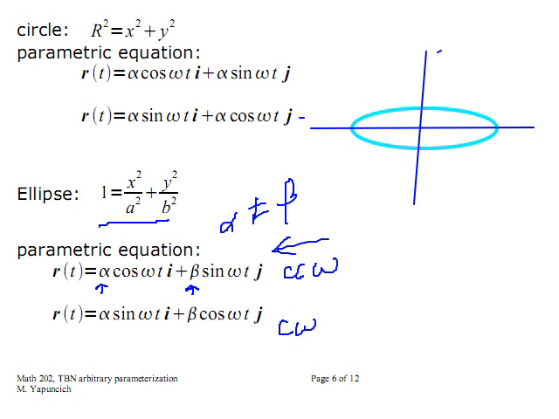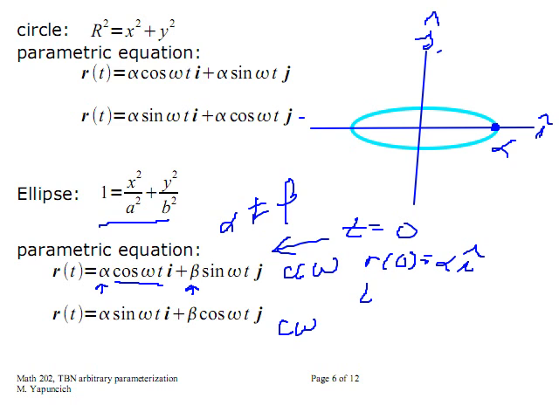So I'll look at this equation, and I'll let t equal 0. If t equals 0, the cosine is 1, but the sine is 0. So r of 0 equals alpha in the i direction. So I will be right here. This is i, here's j, this is alpha. So that's the point on the ellipse right here.